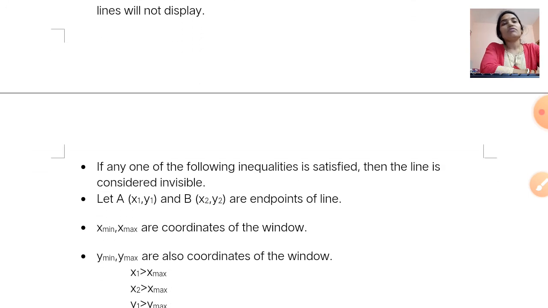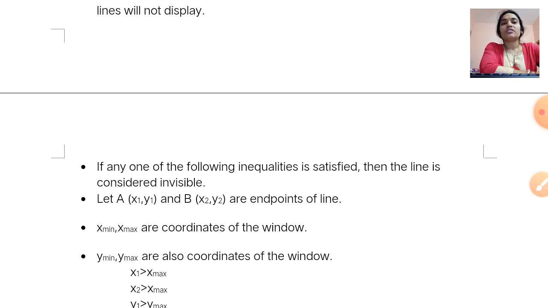If any one of the following inequalities is satisfied, then the line is considered invisible. Let A and B be two endpoints. A is x1, y1, and B is x2, y2.